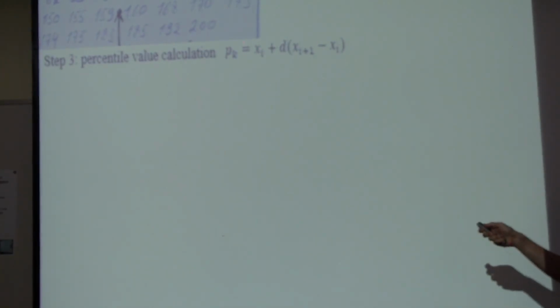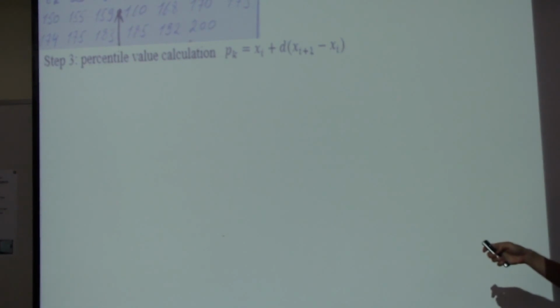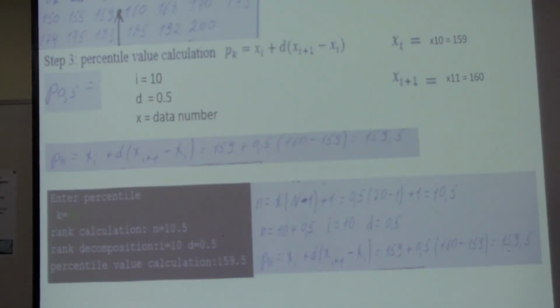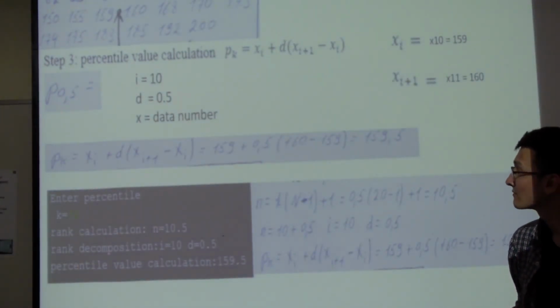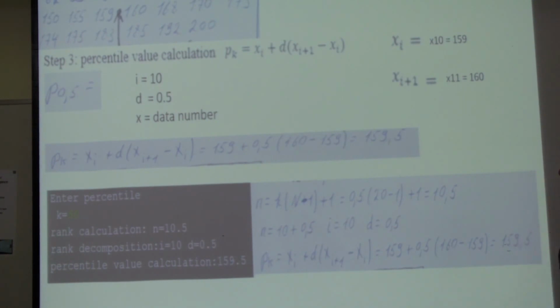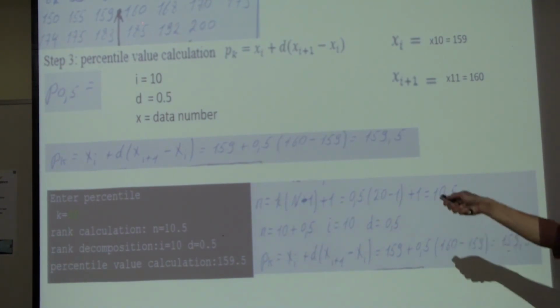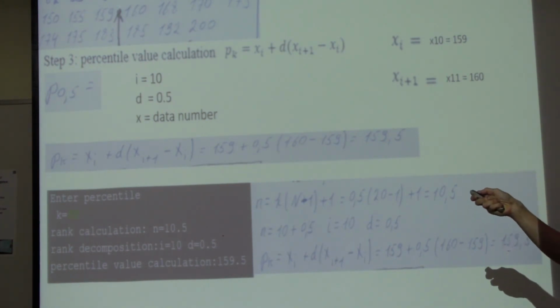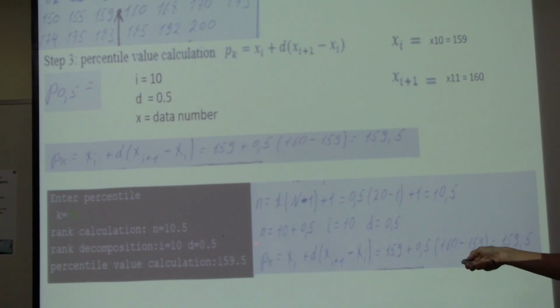We have all the values here. So now we calculate. We should call the number. Percentile calculation, xi equals to. You have to work with the list here, in your last formula.